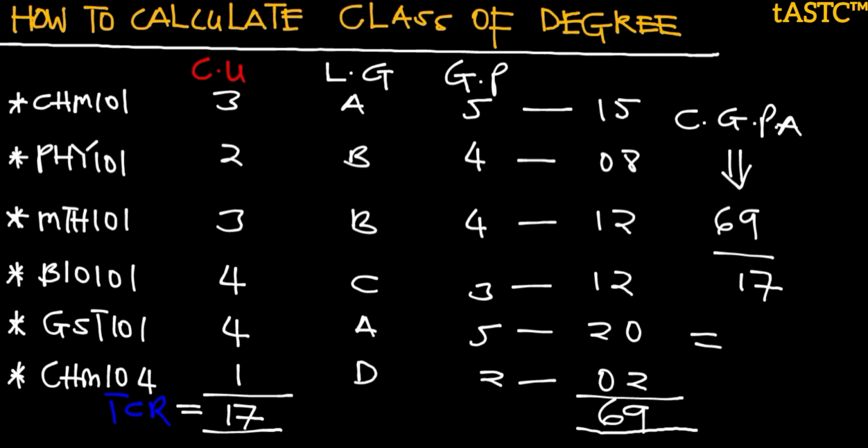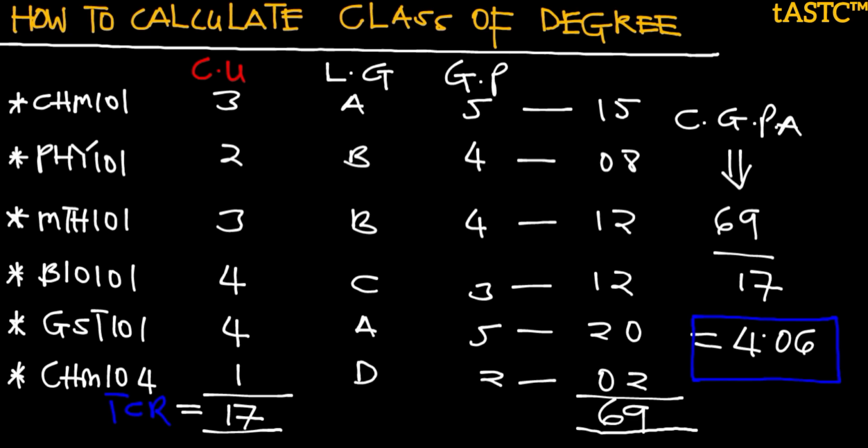So that gives us 4.0588, which approximates to 4.06. So this is going to be the CGPA of that person.